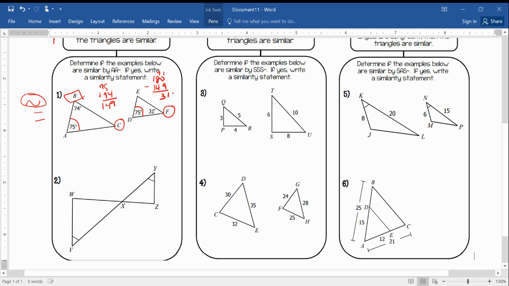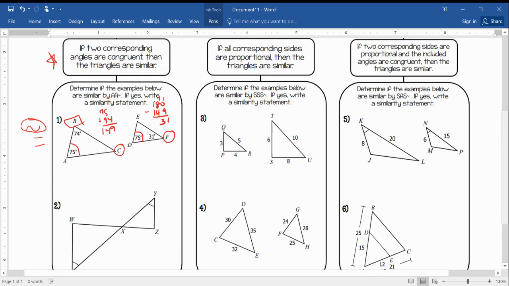Okay, so let's go back to our statement. And if that's 31, then that means that this angle and this angle that are also corresponding, they're equal, and I can go ahead and know that 74 is also going to be angle E's measure because it corresponds to B. So what that means is yes. So we want to write yes, and then we're going to write the similarity statement. Okay, so let's just start.